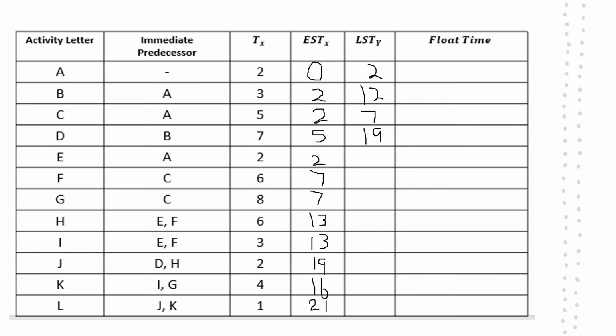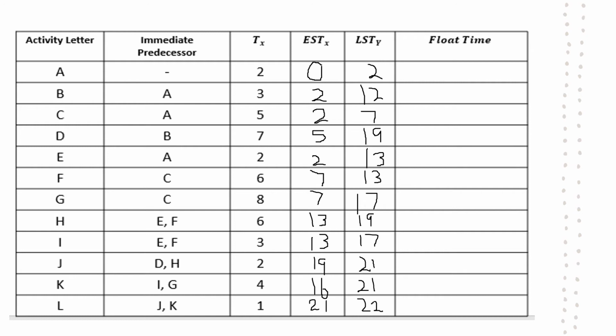So hopefully visually you can see where these numbers are coming from, looking at your graph and then the table. 13, 13, 17, 19, 17, 21, 21, and 22. Beautiful.